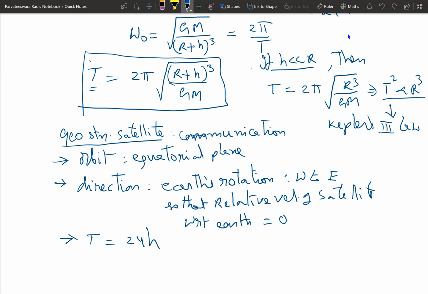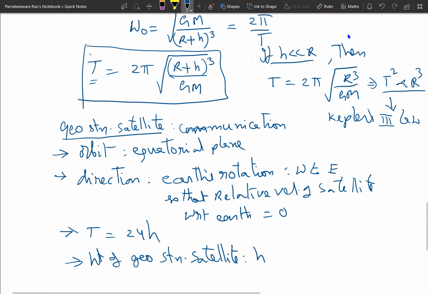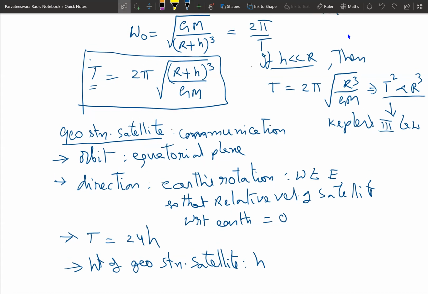So the height of a geostationary satellite, not only geostationary, any satellite can be found using that formula. So you square it on both sides. It will be GM T square by 4 pi square will be equal to (R plus h) whole cube.